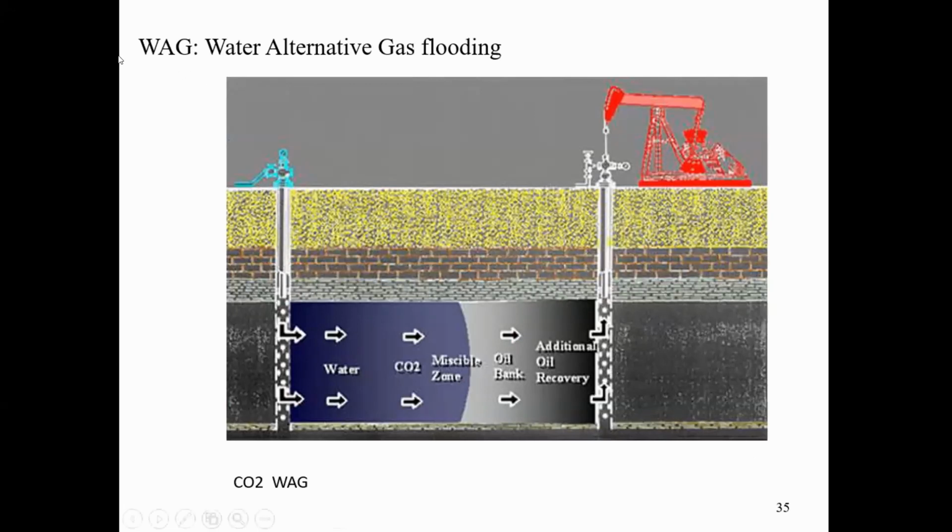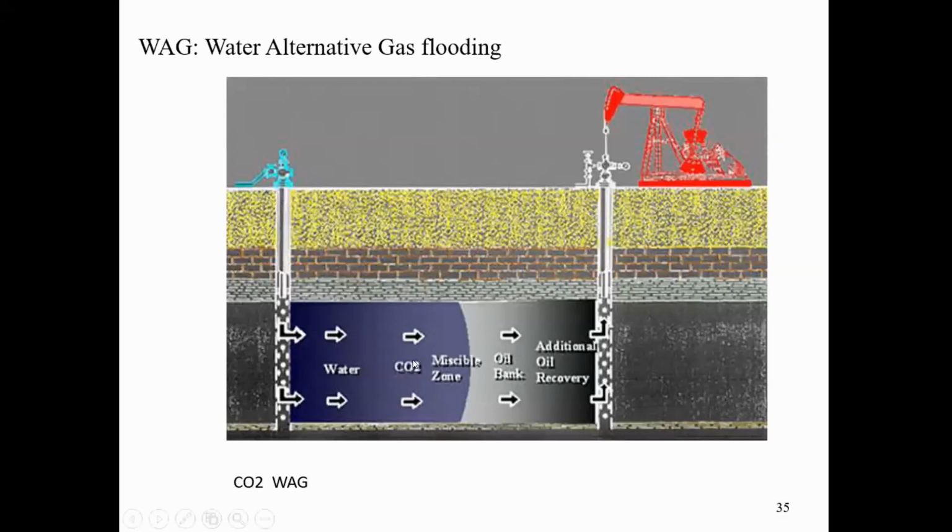Use something called WAG, water alternate gas. Remember, WAG is another example of tertiary recovery. You're mixing flooding of reservoir with gas and water.